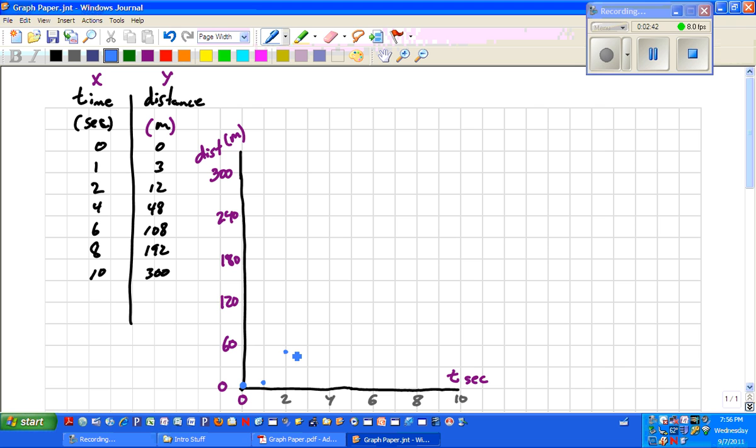At 4 seconds, oops, sorry about that, plotted wrong. Actually, at 2 seconds, we're going to be at about 12, so roughly about halfway up there.